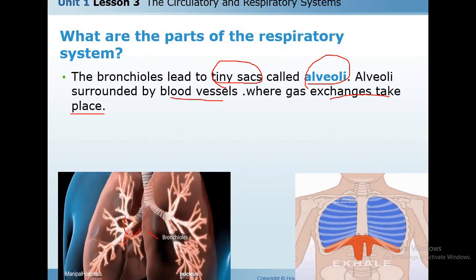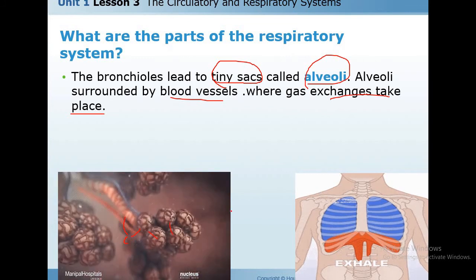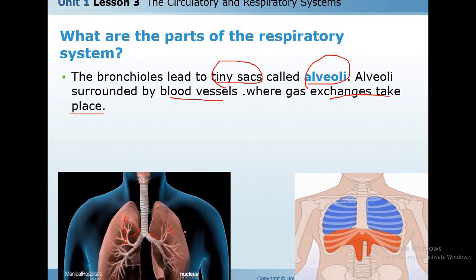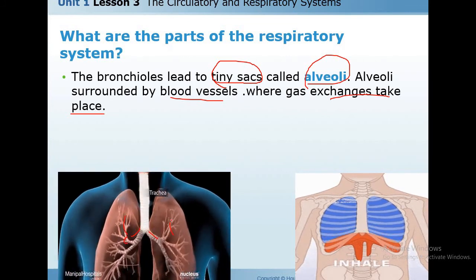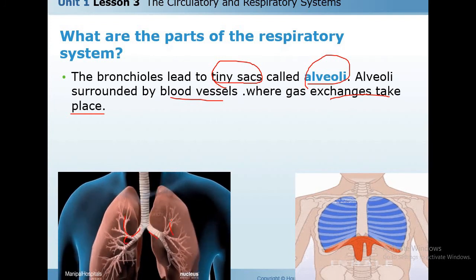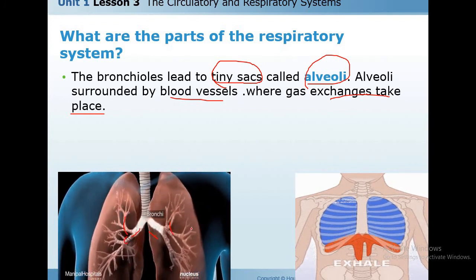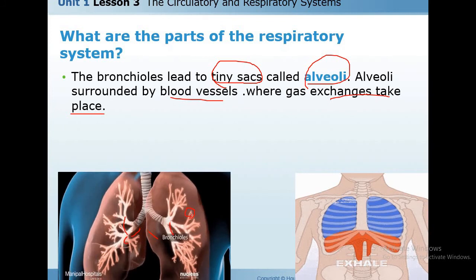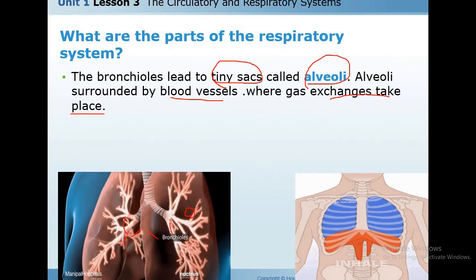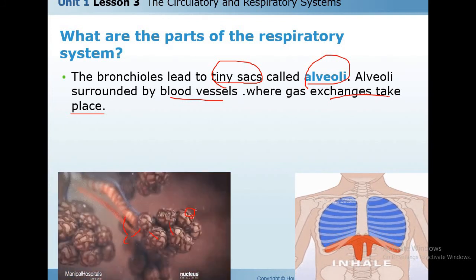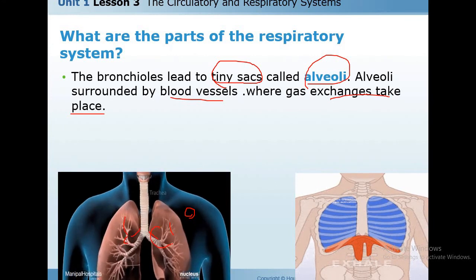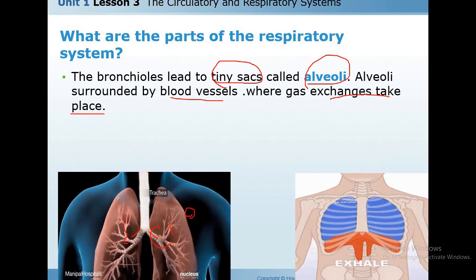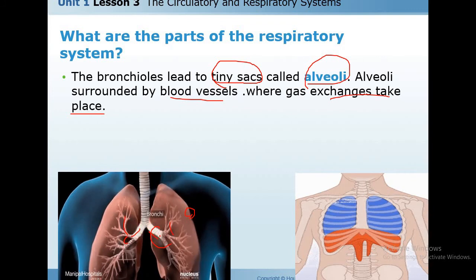While these tiny sacs are called alveoli. Look, this ball, these tiny sacs, are called alveoli.